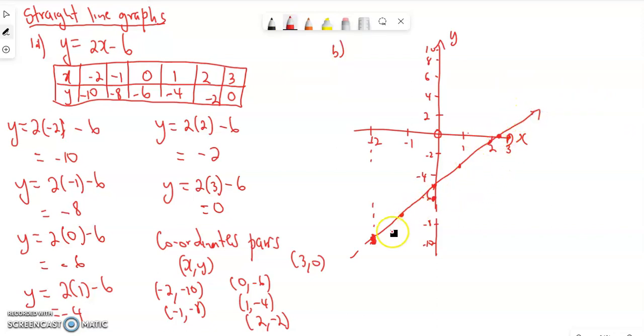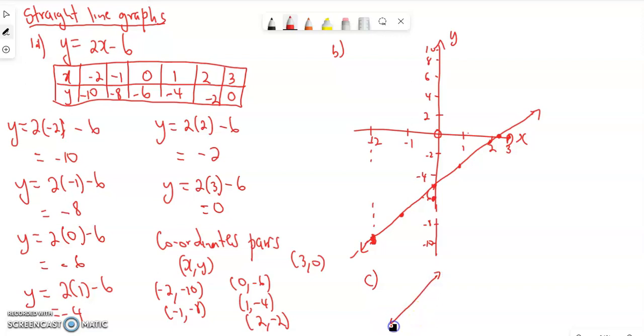The next question you have there: state whether the graph is increasing or decreasing. So to answer that question, you must remember that we always read the graph from left to right.